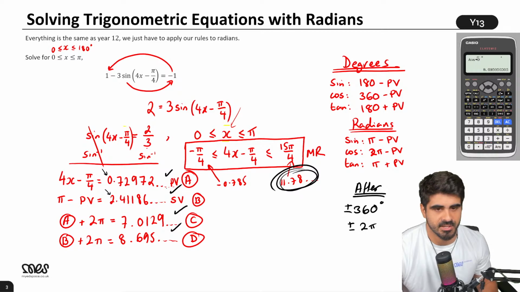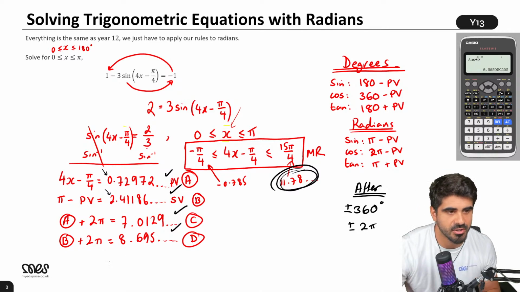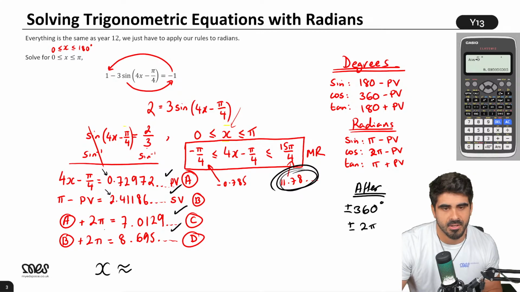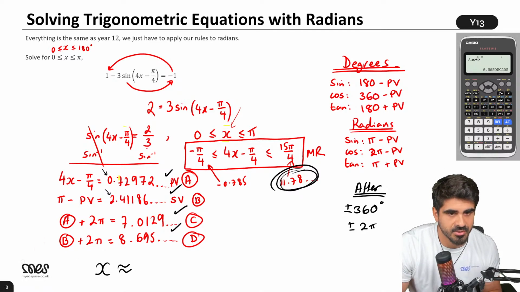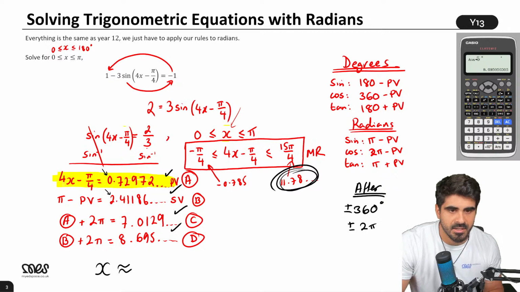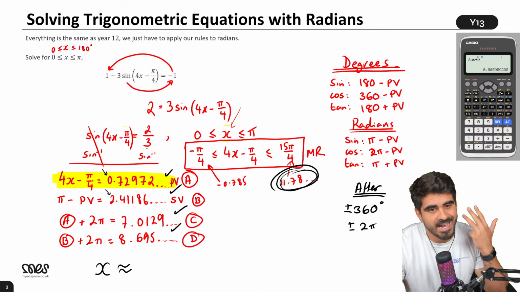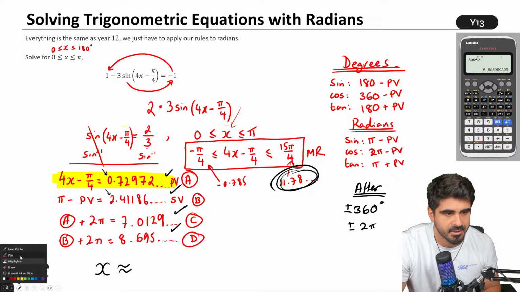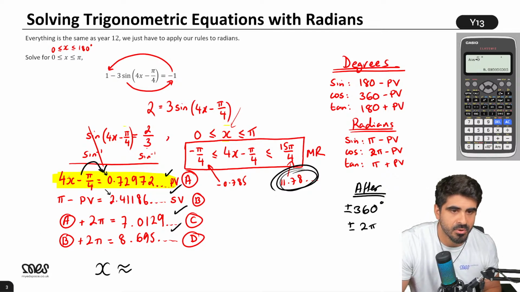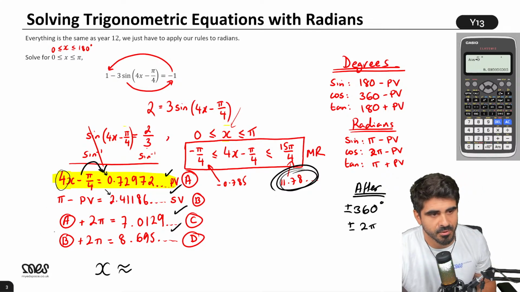Now, let me show you guys something. This is how we rearrange for our answer super quick. Look at this. Now we're going to add pi over 4. To A, B, C, and D, we're going to be adding pi over 4, and then we're going to be dividing by 4.